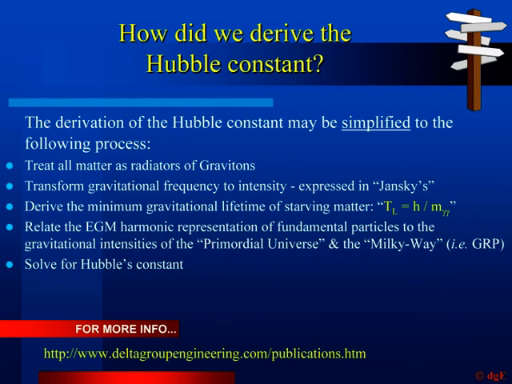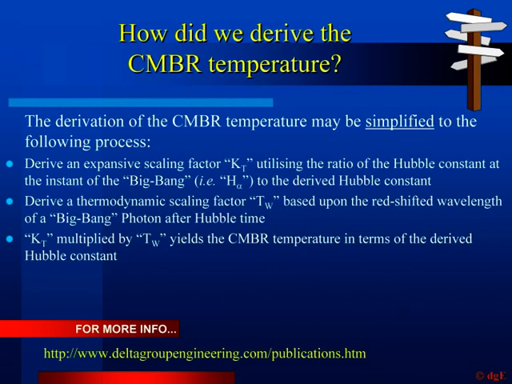Relate the EGM harmonic representation of fundamental particles to the gravitational intensities of the primordial universe and the Milky Way, that is, our galactic reference particle, and 5. Solve for Hubble's constant.